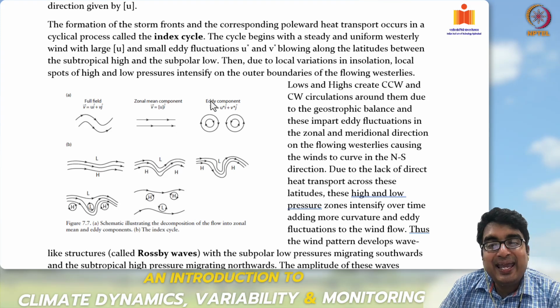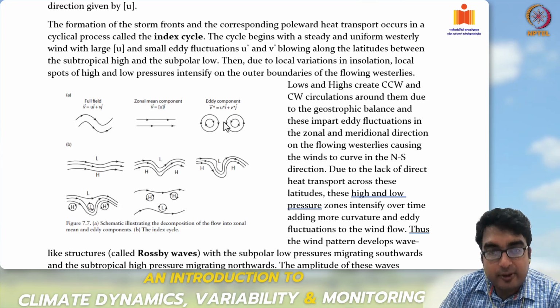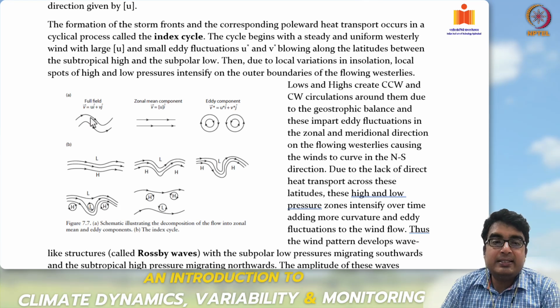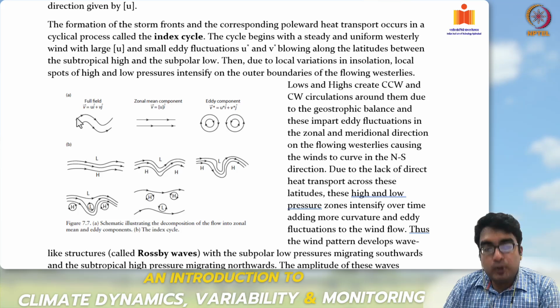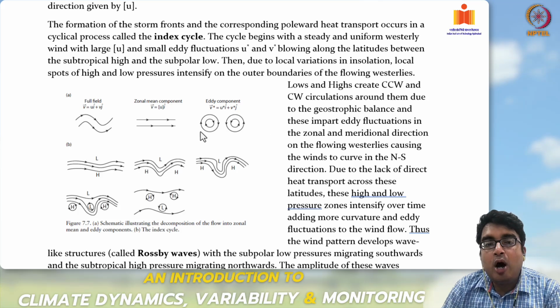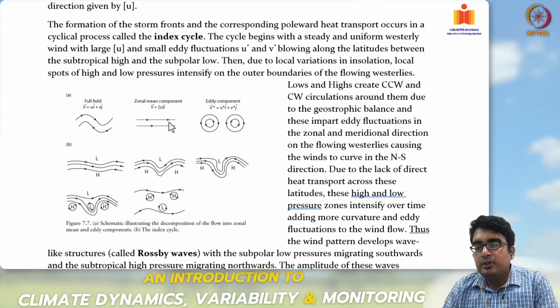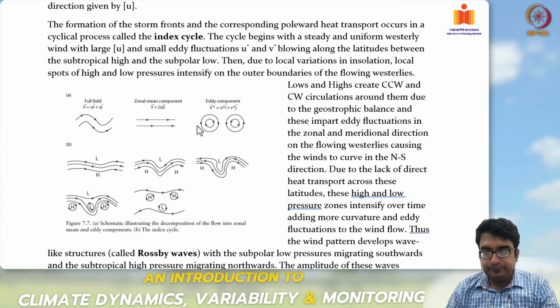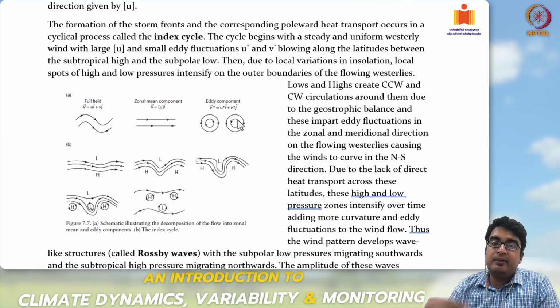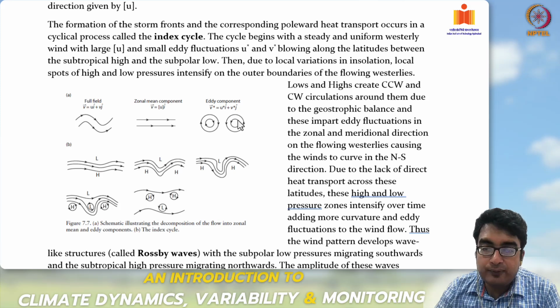And the eddy component is whatever is remaining, the u star plus v star, and these look like circular velocity patterns. So this undulating fluctuation is a superposition of a zonal mean velocity, the zonal westerly mean velocity, and the circular eddy component of both u star and v star. Okay. And how the mean and the eddy components interact with each other gives us the Ferrel, the eddy circulation system of the mid-latitudes.